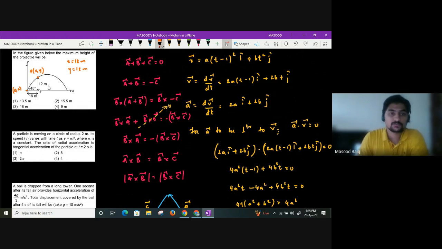Yes. Can we find range from this? Yes. How you can find? We know equation of trajectory. Y is given as how much? X tan theta into 1 minus x divided by r. So y value we already got it as 12 will be equal to 18 into tan 45, which is anyhow 1, into 1 minus 18 divided by r, you will get, guys.